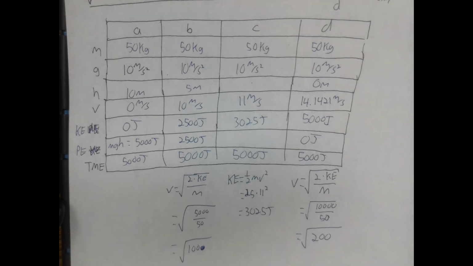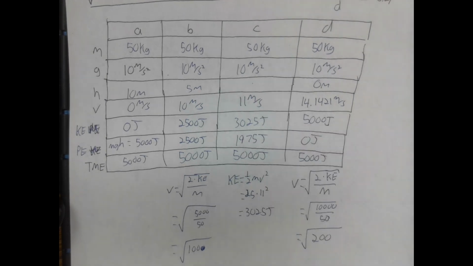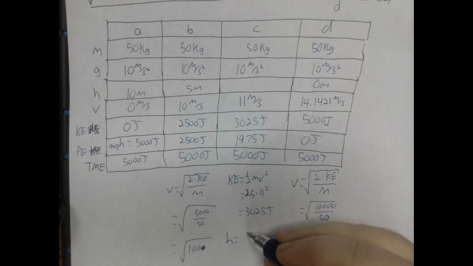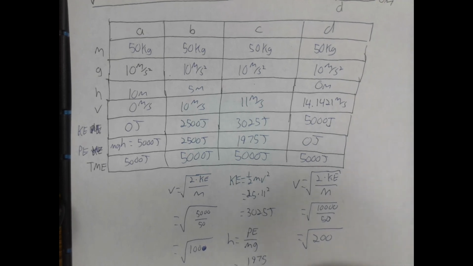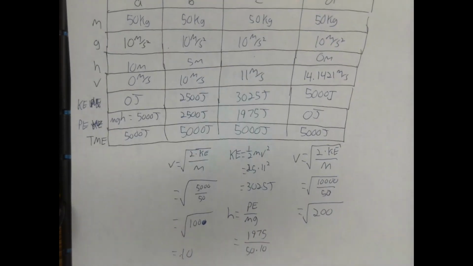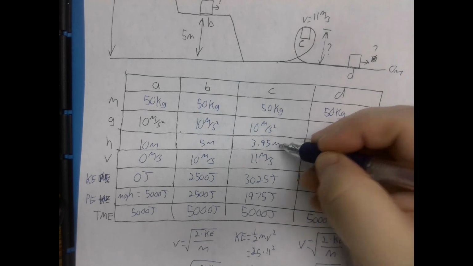Then we subtract. And then height. Height is equal to potential energy over mg. So that'd be 1975 divided by 50 times 10. That's 3.95 meters.